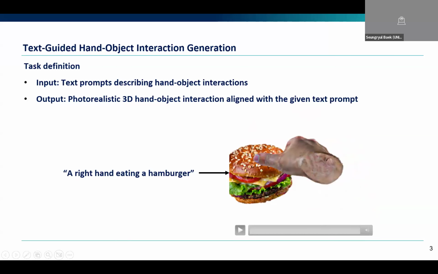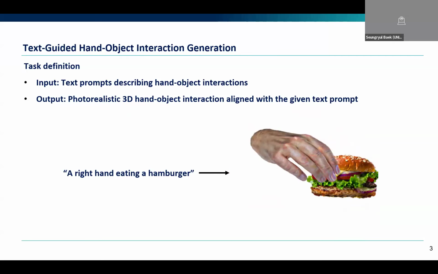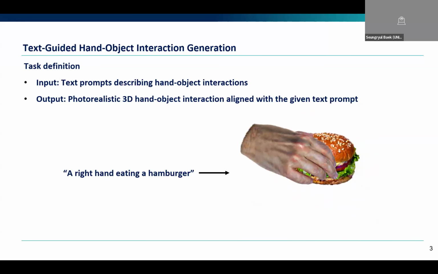As an input, we give a text prompt that describes the hand-object interaction, and the desired output is a photorealistic 3D hand-object interaction that aligns with the given text prompt. For example, if you give a text input like a right hand eating a hamburger, then we expect to generate a 3D representation of a hand grabbing a hamburger.